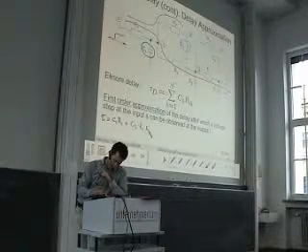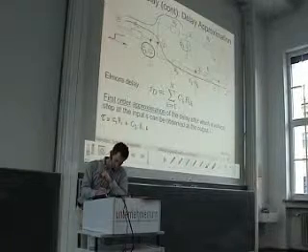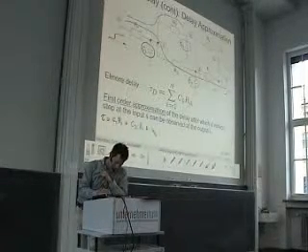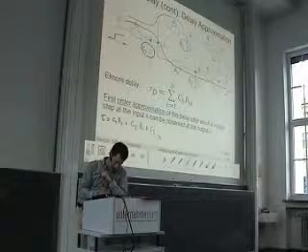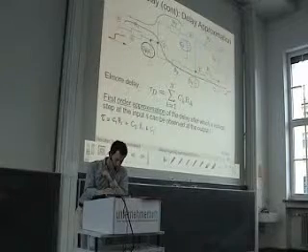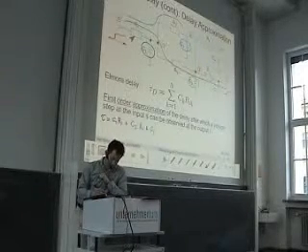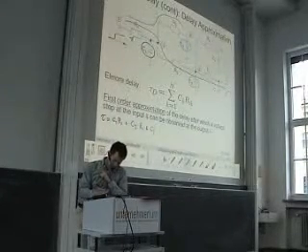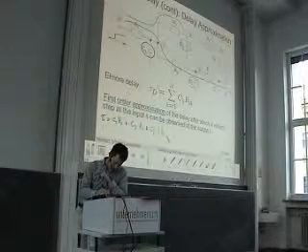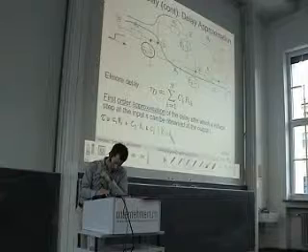Then we go for C3, so plus C3 times, and now we have R3 and R1 in the common path, so R1 plus R3.